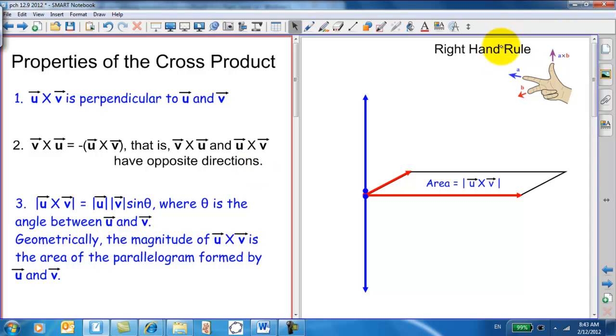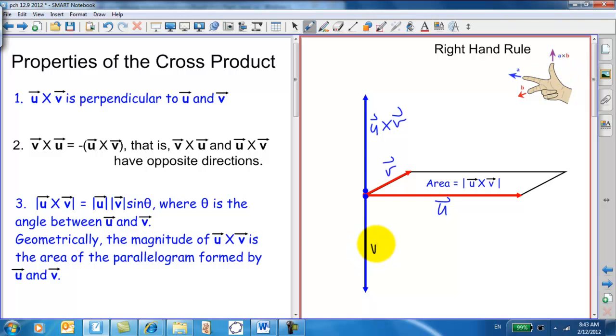Here's a little something called the right-hand rule I dug up from the internet, and it can help you decide the direction of the cross product, because the order in which you put the two vectors makes a big difference here. So this up here is u cross v. If you line up your fingers and put your first finger in the u direction, and your second finger in the v direction, your thumb will point in the direction of u cross v.